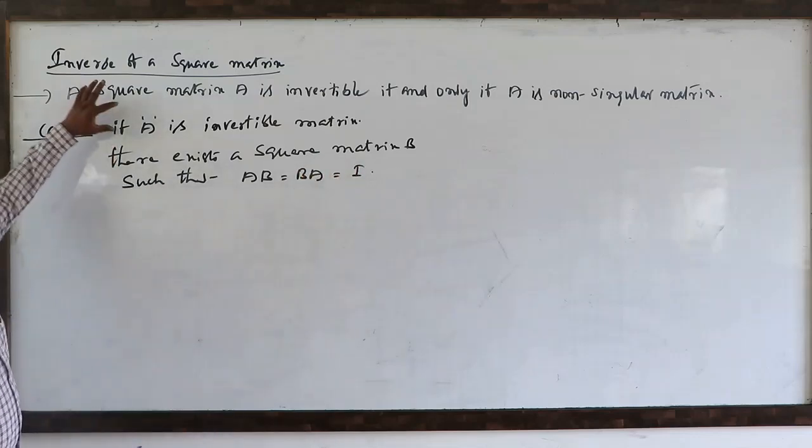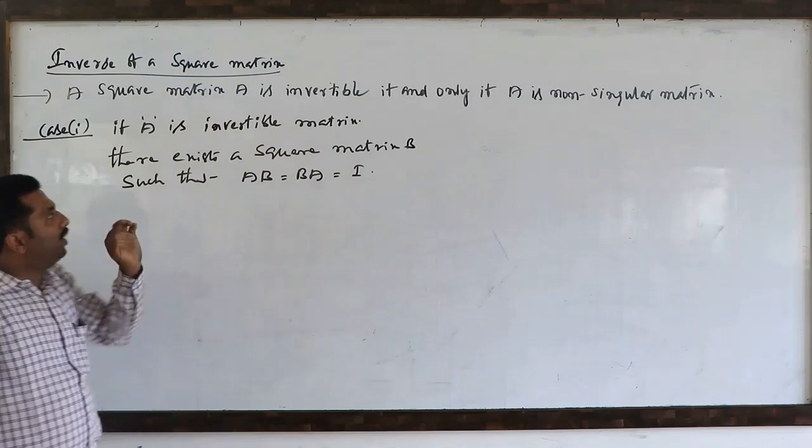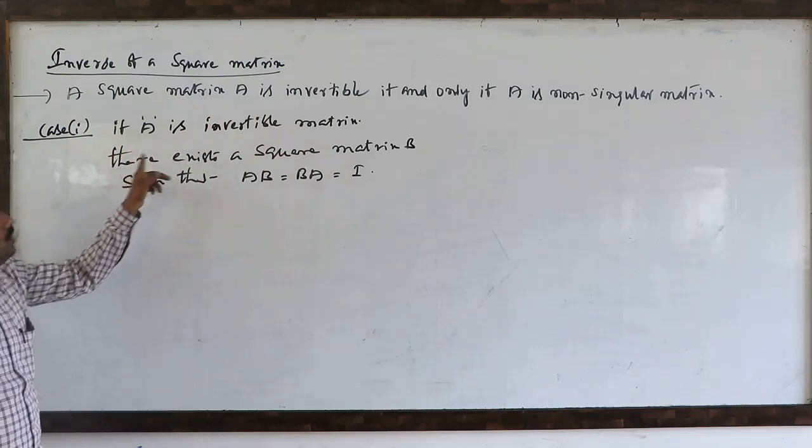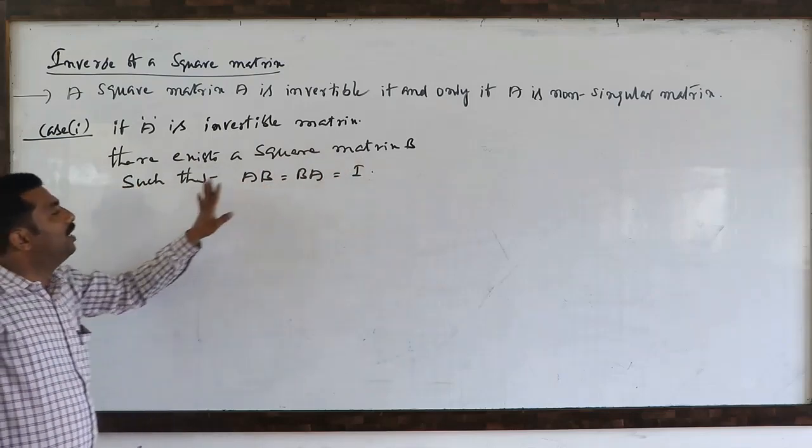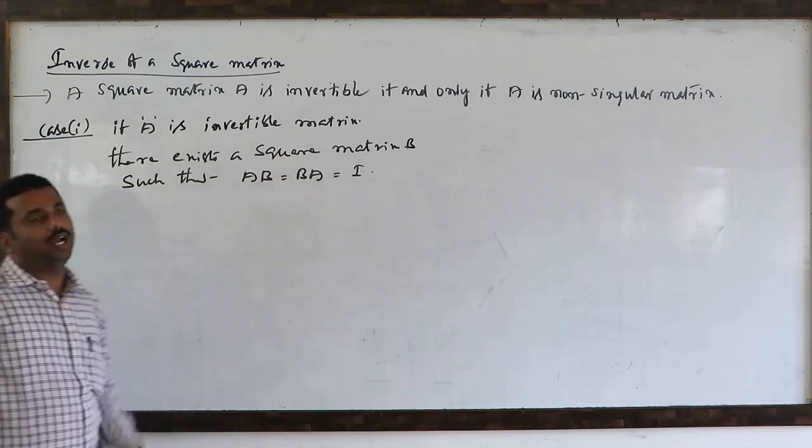See here, A is an invertible matrix. What is the definition of invertible? There exists a square matrix capital B such that AB equal to BA equal to I.